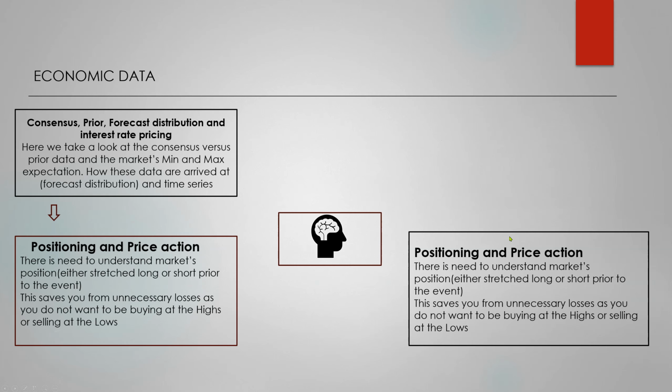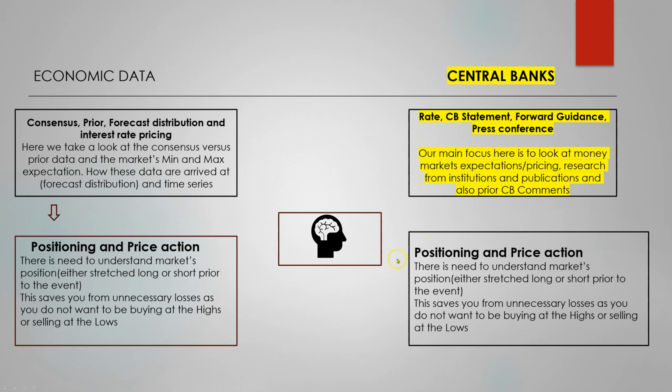Yeah, so that being said, after focusing on the economic data, the next thing we want to do is focus now on central banks. So in this case, I'm going to be using rate decisions. So for central banks, what you want to focus on is the rates, the interest rates currently, the central bank statement, the forward guidance, and also the press conference.